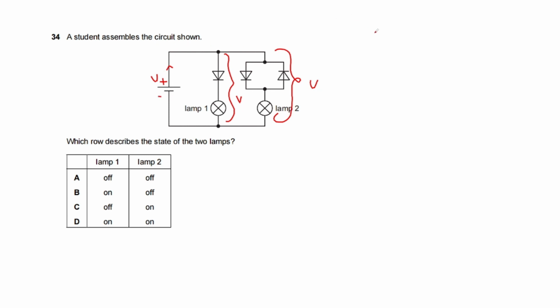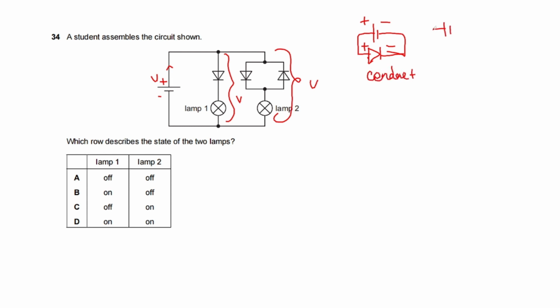A diode has the property that if it is forward biased, it will conduct, and if it is reverse biased, it won't conduct. This is the positive and negative terminal for a diode. If the positive of the battery is connected to the positive of the diode, it will conduct electricity.